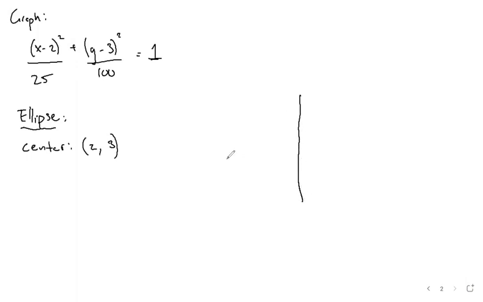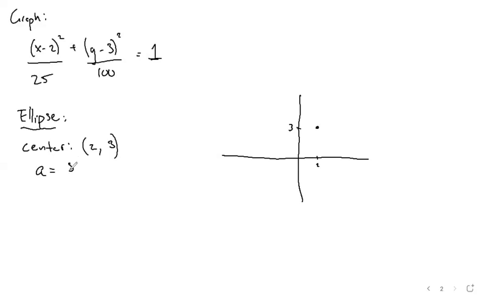Let's just orient ourselves here. (2, 3). Good. Well, if the center is (2, 3), then my A value, yes, an ellipse is the oval shape.